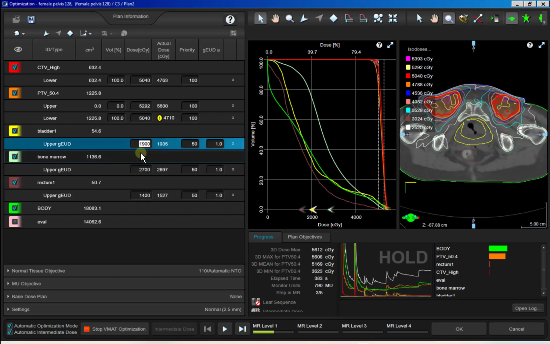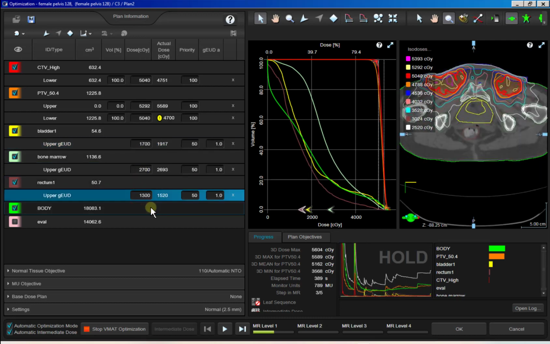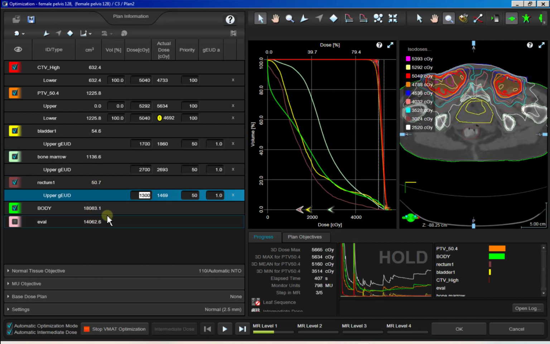Okay, so this one still pretty much came down. This one's struggling a little bit to get down. So again, once this number stays about 1 to 2 gray above what you're trying to push to is when I tend to stop pushing on these EUDs, especially if I'm starting to lose coverage. Okay.